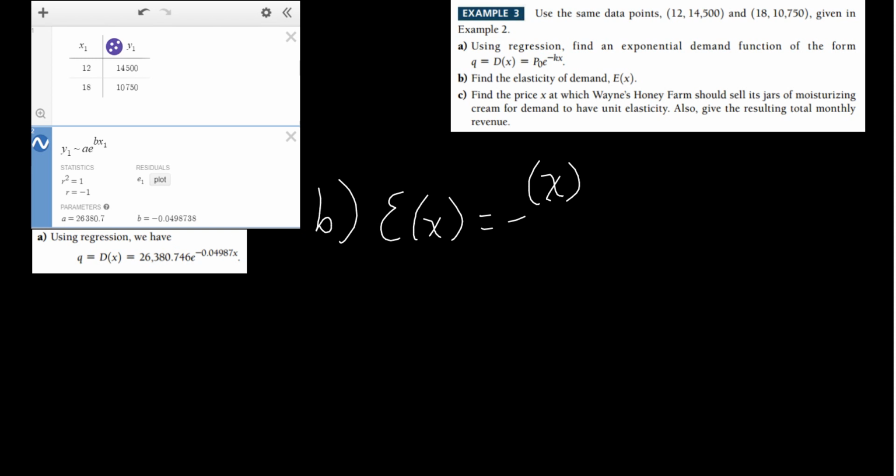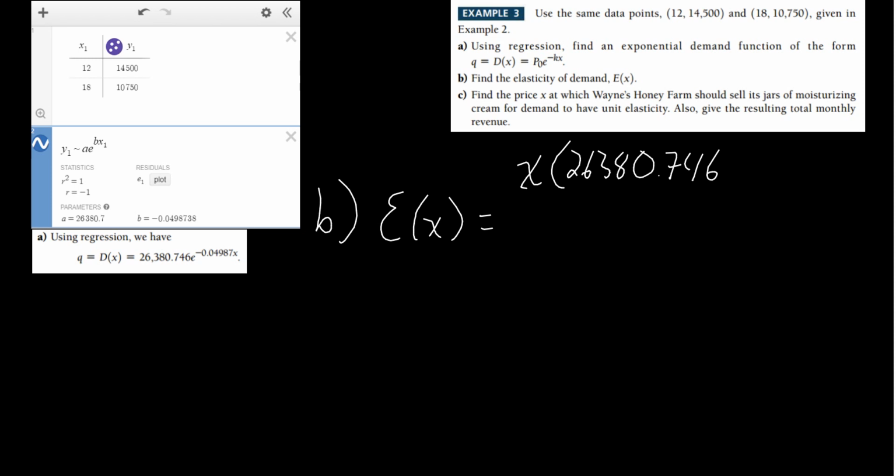That's just the derivative. This is one of those cases where you could autopilot through, but I realized I probably shouldn't, and here's why. My numerator is this, and that's going to be 26,380.746.